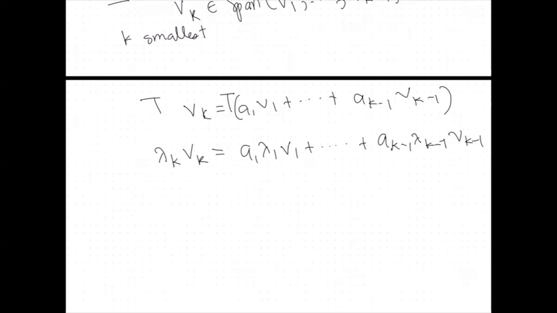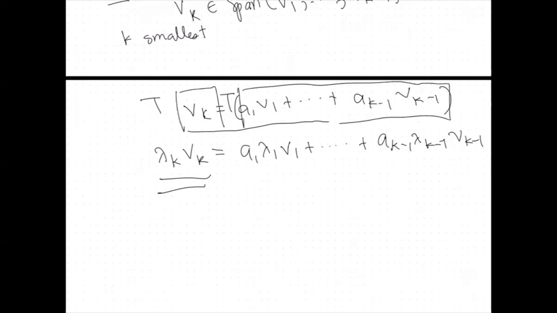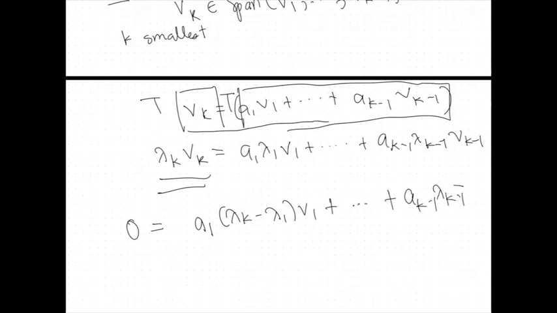If we multiply the original equation by lambda k, we get 0 is equal to a1 (lambda k minus lambda 1) v1 plus up to a(k-1) (lambda k minus lambda (k-1)) v(k-1).